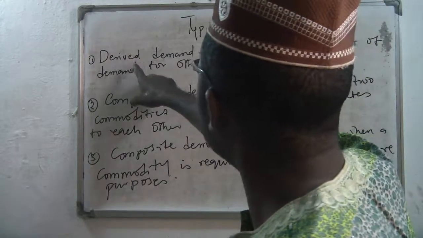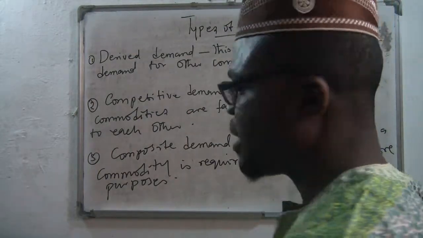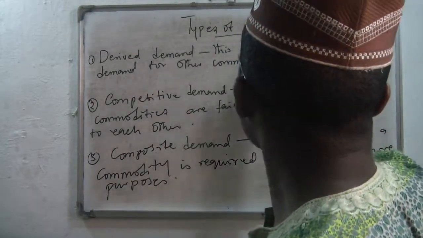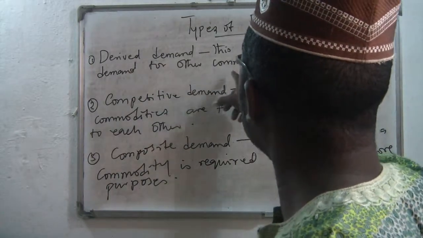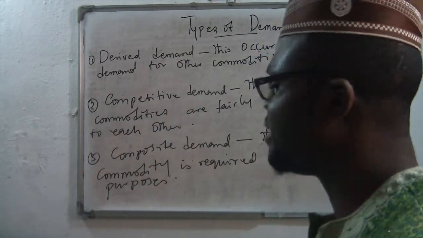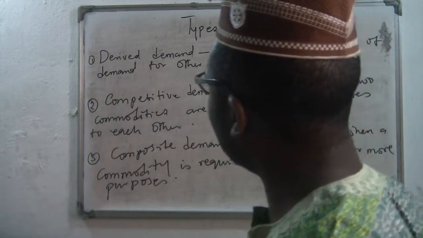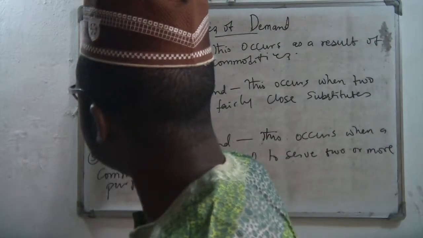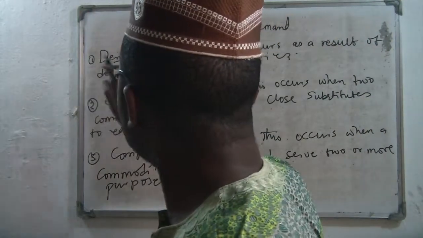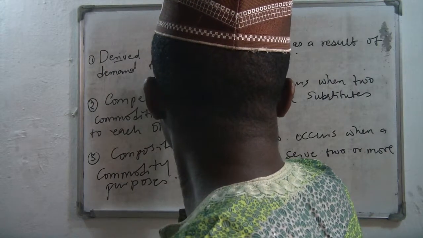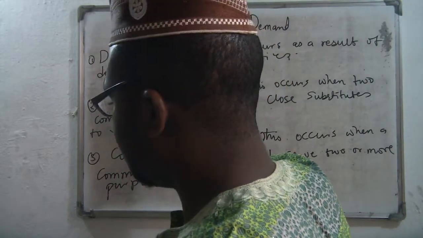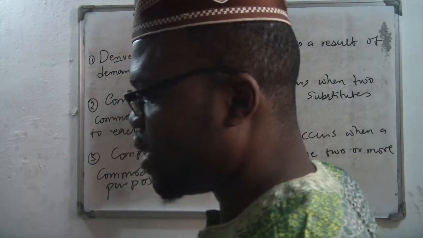Number one is what we call derived demand. This occurs as a result of demand for other commodities. Derived: you demand this commodity because you have to use it with the other one.